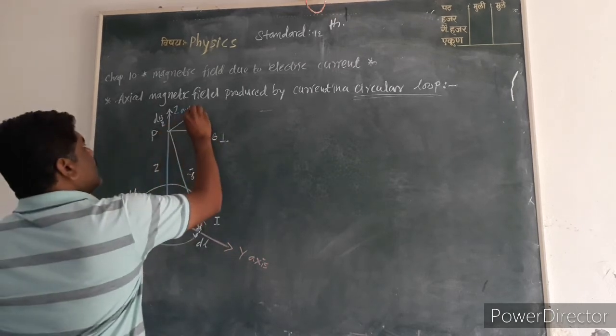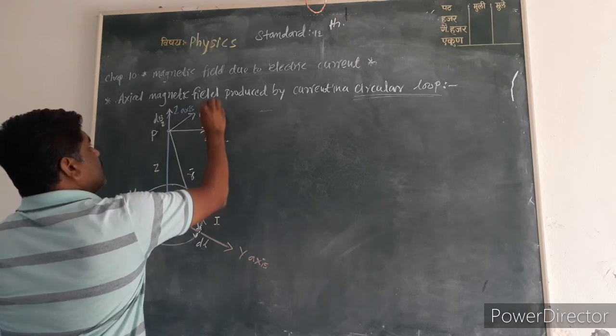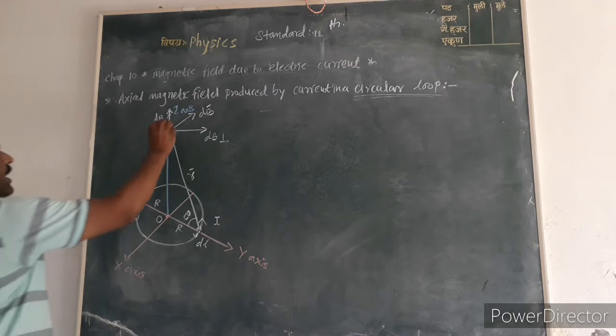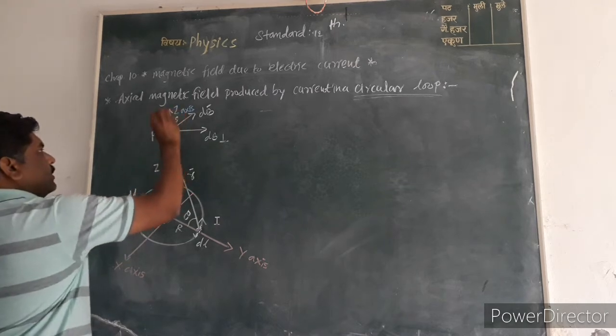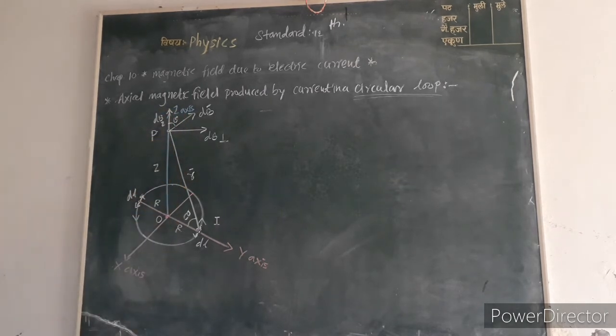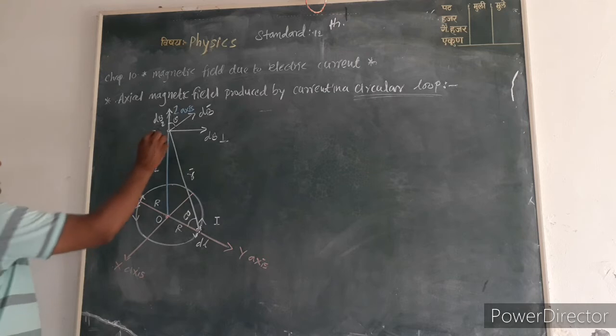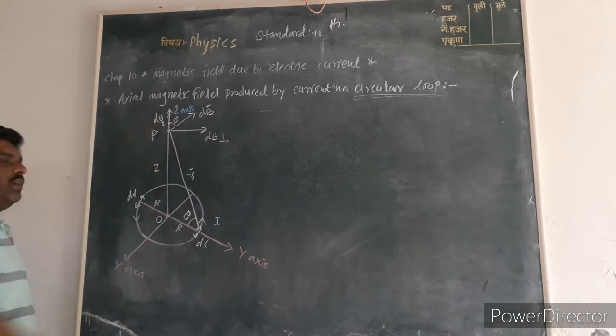Suppose this is the resultant magnetic field, and this angle is theta. The diagram is complete. Then we find the total magnetic field at point P.